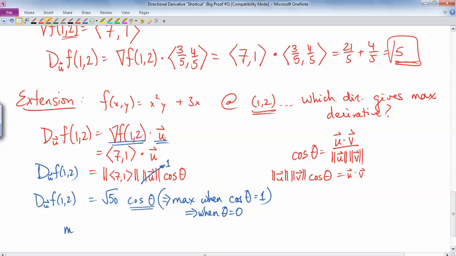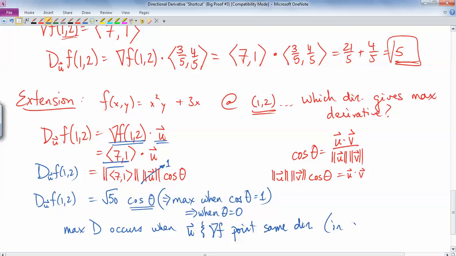So the maximum derivative occurs when u and the gradient of f point the same direction. Well, we already know what direction it points: 7, 1. Now you could normalize that if you prefer, but that's the same direction.